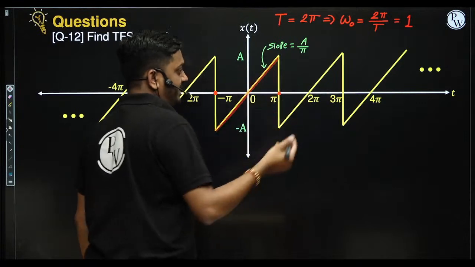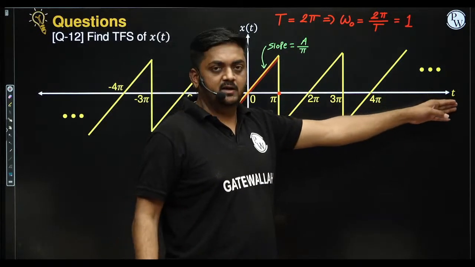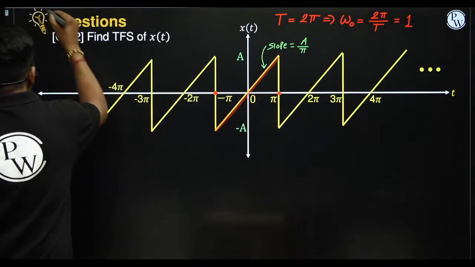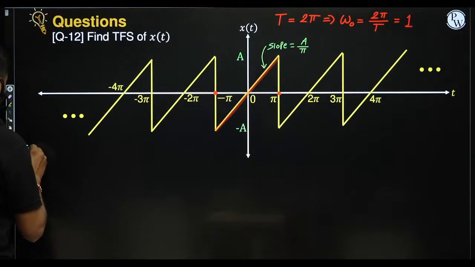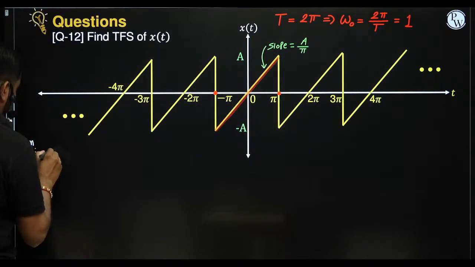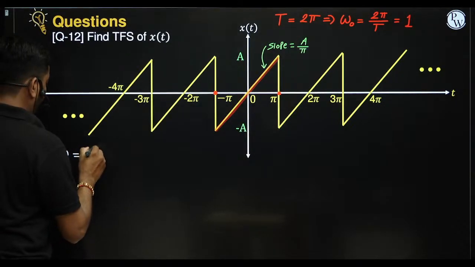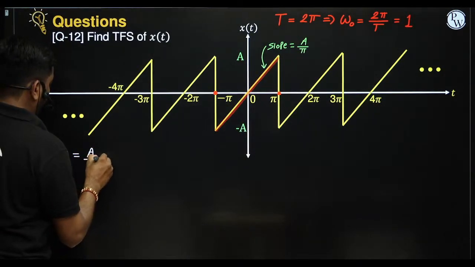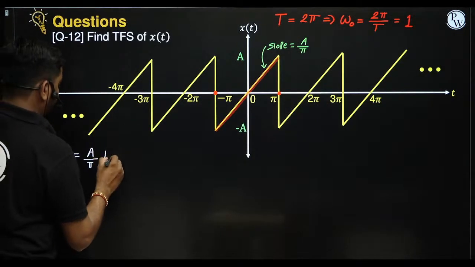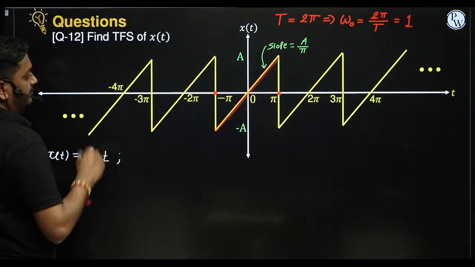So y equal to mx, x is nothing but t and y is our x of t, guys. So here x of t equals mx, slope value is A by pi, x value is t, and this is between minus pi and pi.